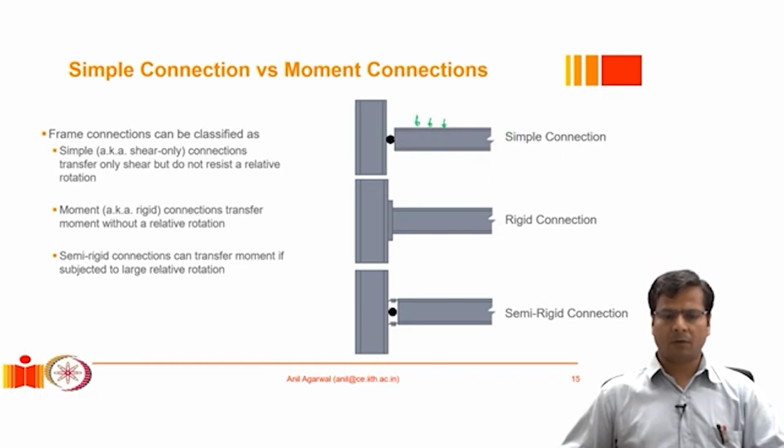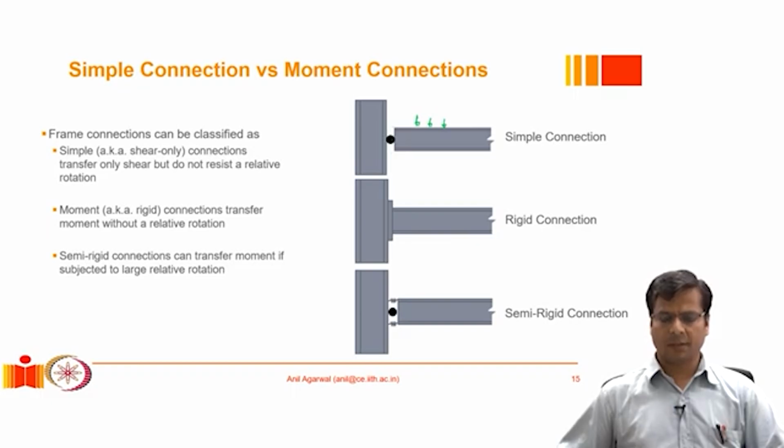Okay. Now, of course, I have shown it in a schematic fashion by putting a big dot here. But actually what it means is that we are connecting the beam to the column closer to the neutral axis, or not distributed over a large depth. So that connection, whatever we are providing, should not be stiff, or should not be distributed over a very large depth.